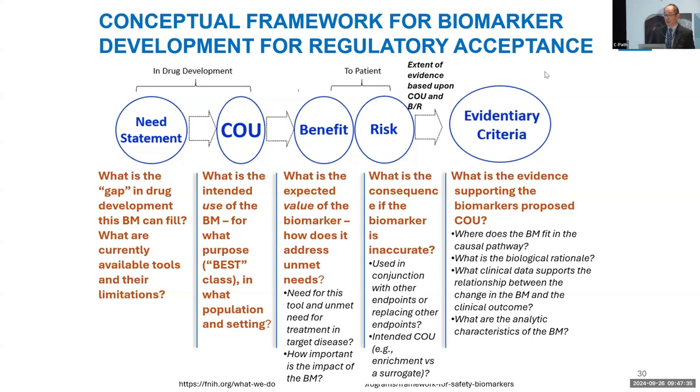Sometimes benefit outweighs the risk, and in that case, we can consider that a good tool. And the balance between benefit and risk is highly dependent on the context of use. Some cases like rare disease and other tools might not be available in that space. You can balance the benefit and risk. And all these considerations will go into creating evidentiary criteria that will support the context of use.